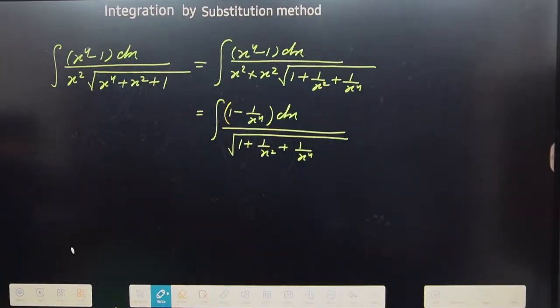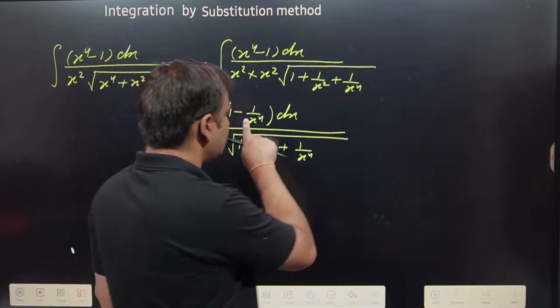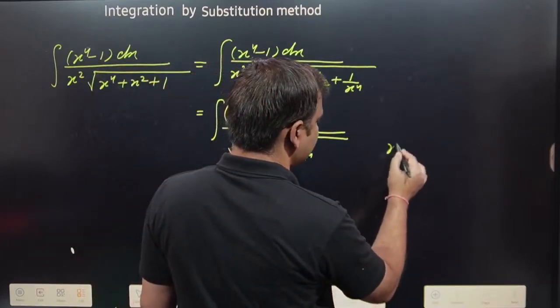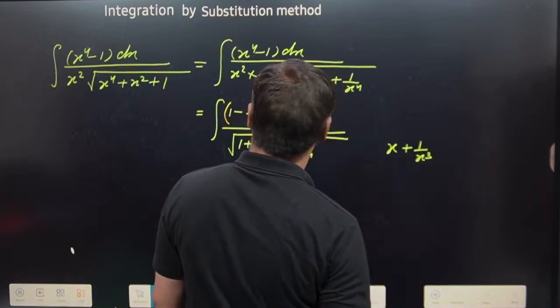First of all, take the highest power as common. Then that is written as 1 minus x to power minus 4. Now this one is the differentiation of x plus 1 upon x cube.